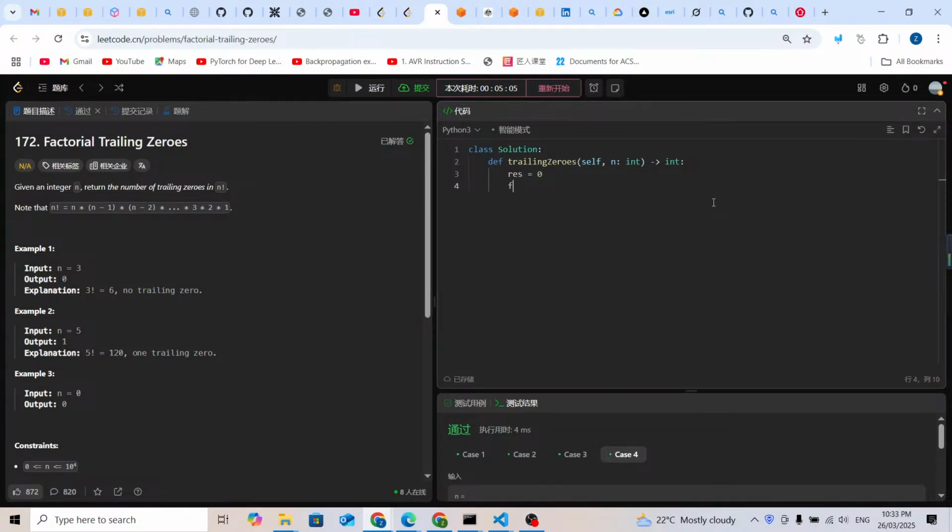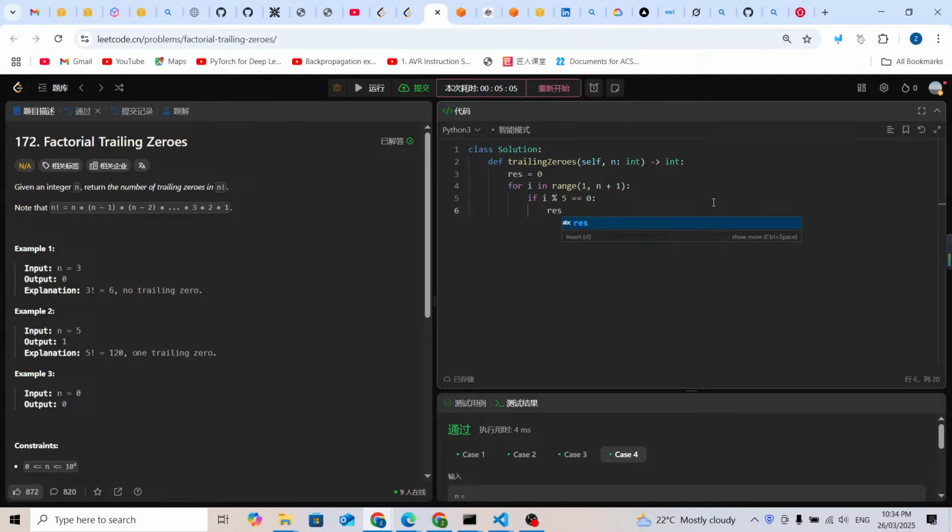So the result is going to be 0. For i in range from 1 to n plus 1, because we're checking the factorial of n, we check how many 5s there are. If i modulo 5 equals 0, we're going to check how many 5s are in it.